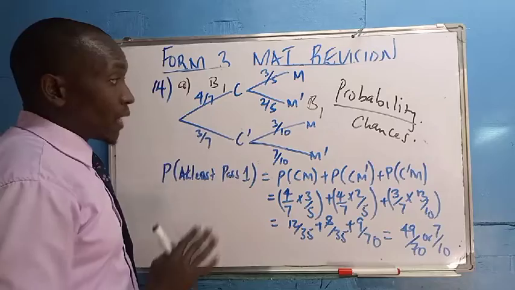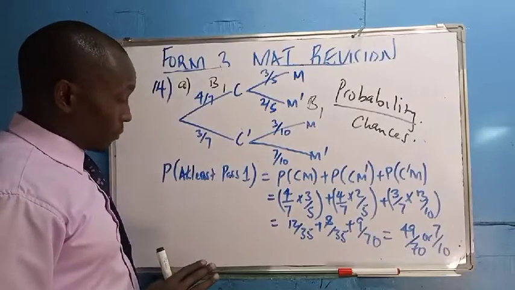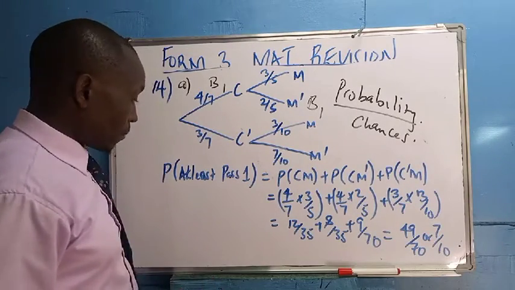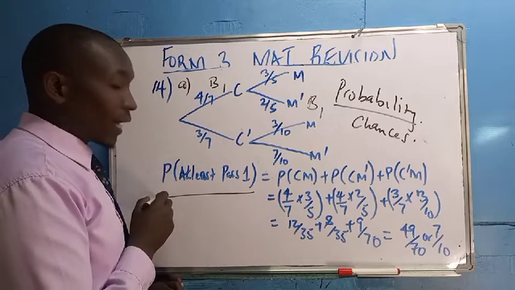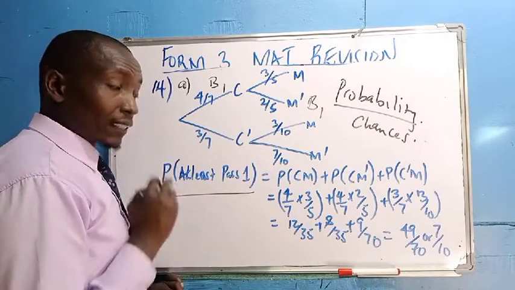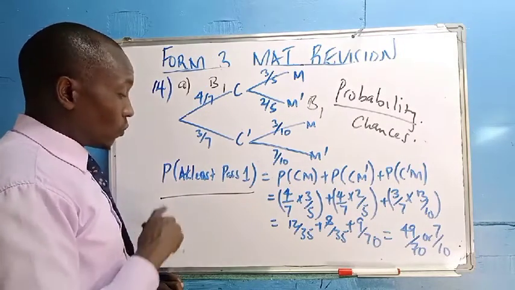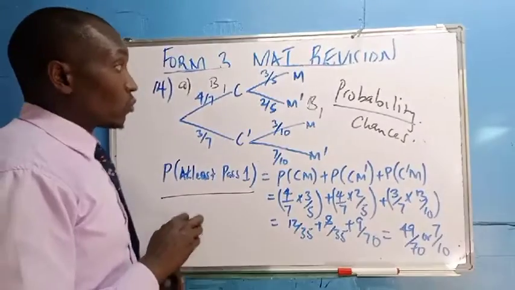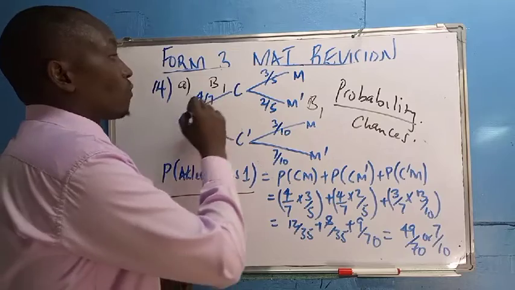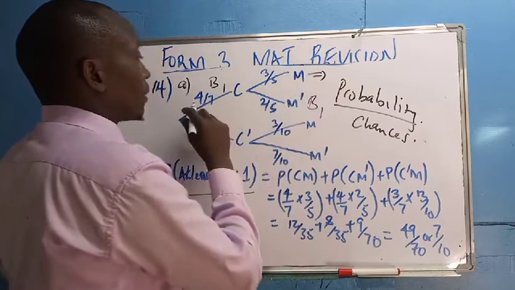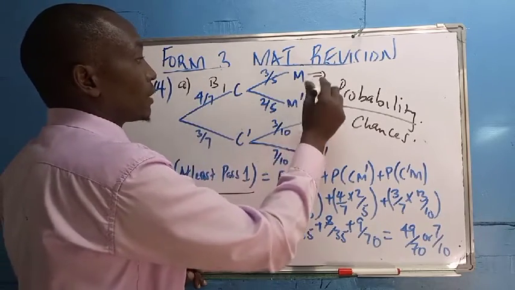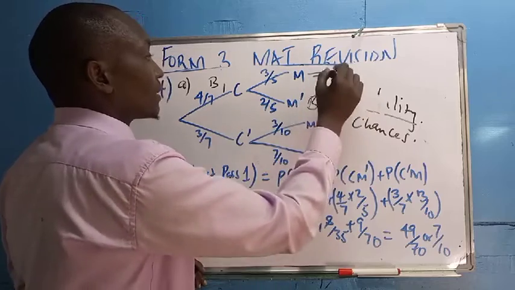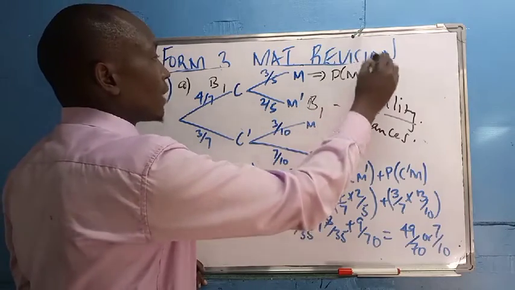Now, I can use this probability tree, or the tree diagram here, and work out the probability that Jane passes at least one test. So where is that case? For example, in the first case, Jane has passed in mathematics and has passed in chemistry.